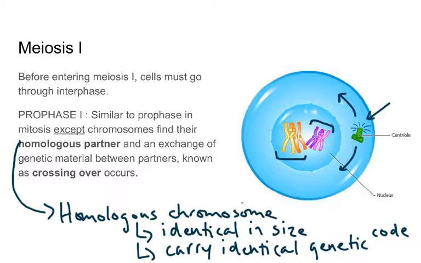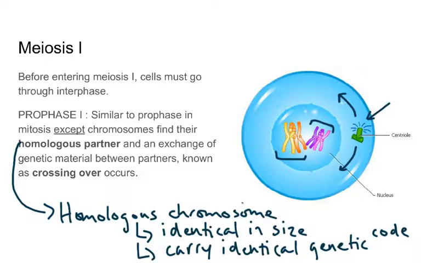So chromosome number 1 that you got from your biological mom has the same genes on it as chromosome 1 that you got from your biological dad. Those genes might have different alleles. One might be eye color blue and the other one might be eye color brown. But the exact gene for eye color is on the same chromosome.